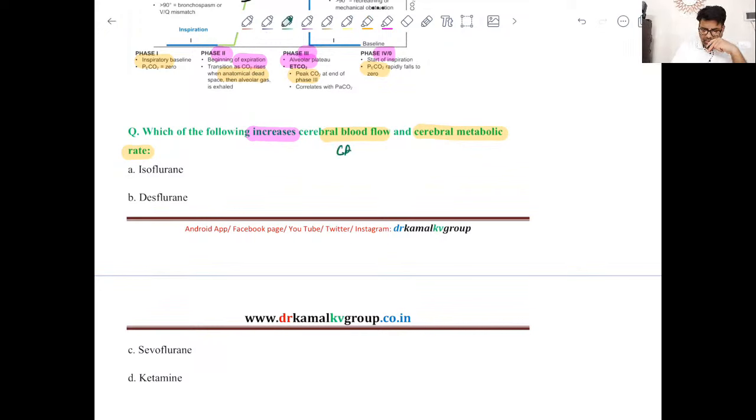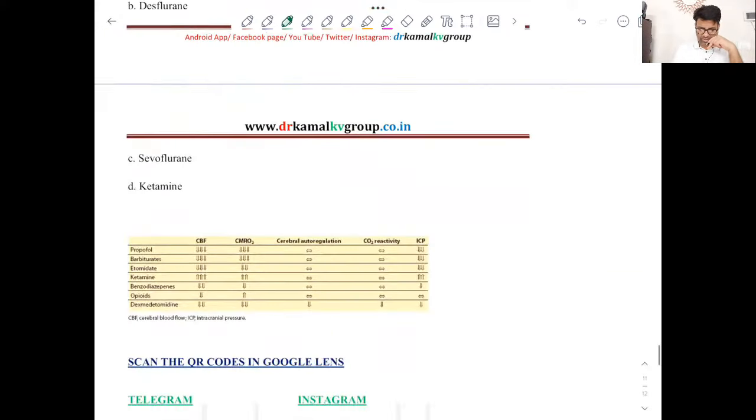So cerebral blood flow and cerebral metabolic rate. Yes, any idea? Cerebral blood flow is increased, cerebral metabolic rate is increased. Shubham, yes, you are absolutely right.